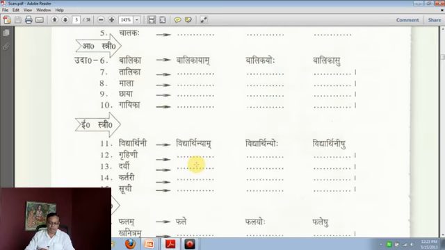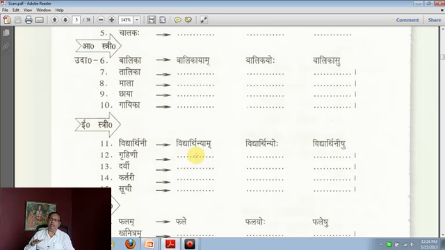We will move on to Ikaranta Strilinga Shabda now. Vidyarthini. This is Ikaranta. So in the Saptami Ekavachana, seventh singular, Vidyarthinyam. The I will be totally dropped, Ikaranta. Vidyarthini, isn't it? From Ni, I is gone, Na is remaining. Vidyarthinyam.